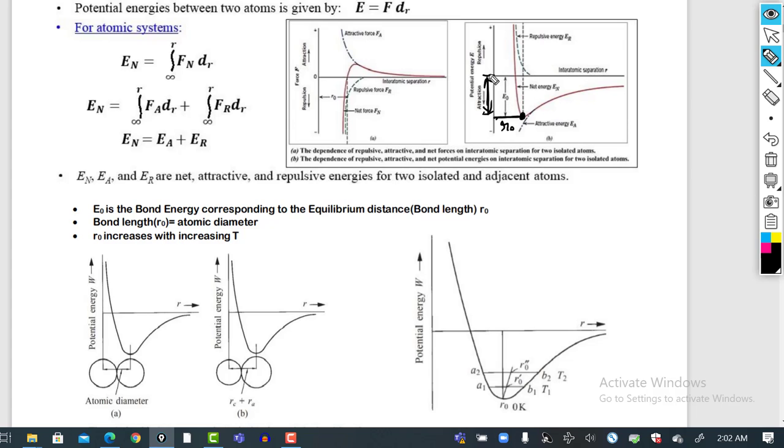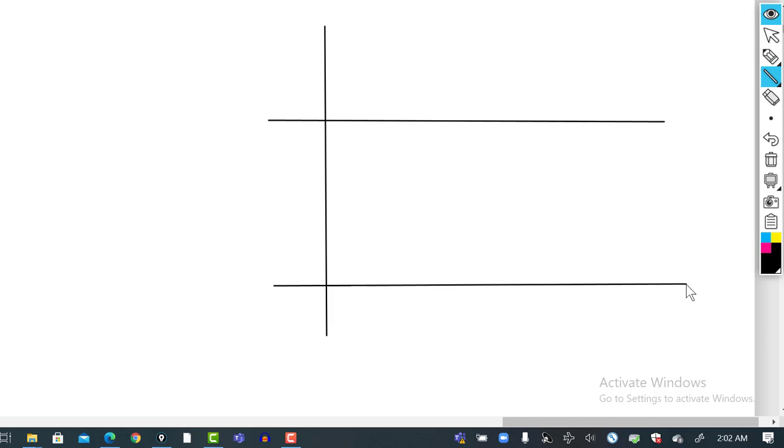If you superimpose these two graphs, how will they look? Let me show you. If you superimpose both graphs, you are going to have something like this.